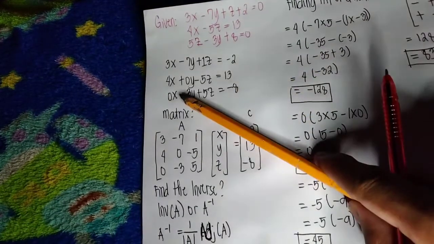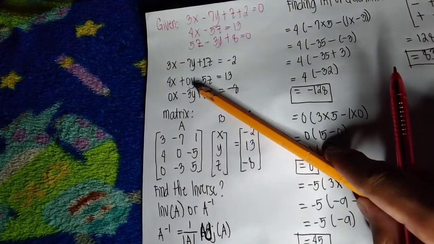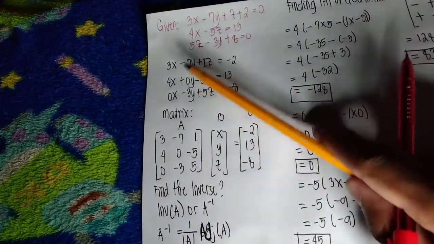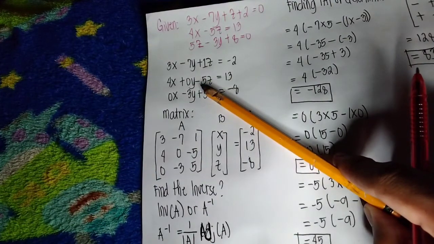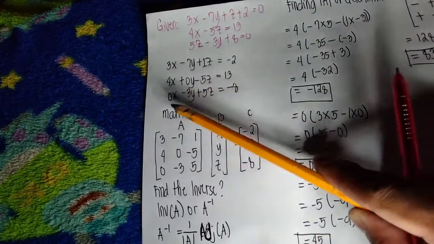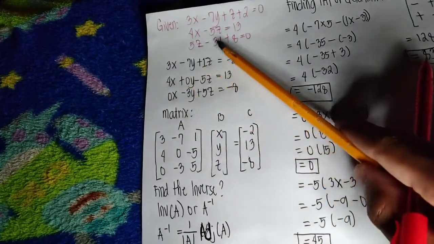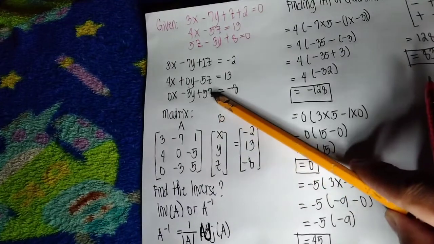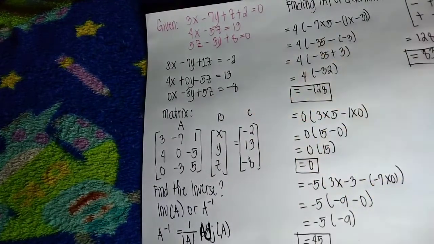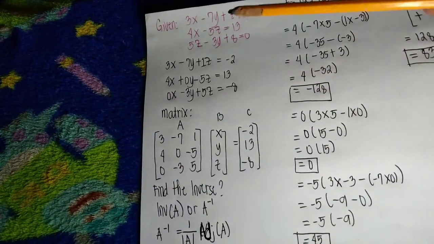Then 4x plus 0y kasi walang y dito, so we include that. Then minus 5z equals 13, and 0x dahil walang x dito, then minus 3y plus 5z equals negative 8, transpose then of 8.